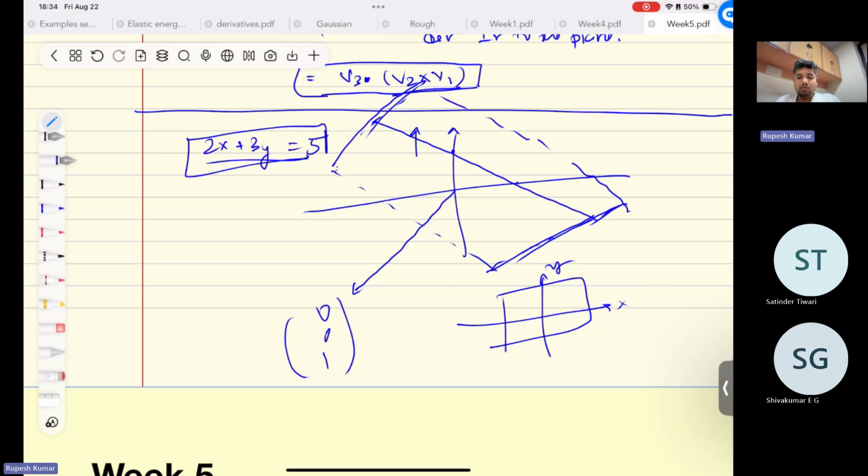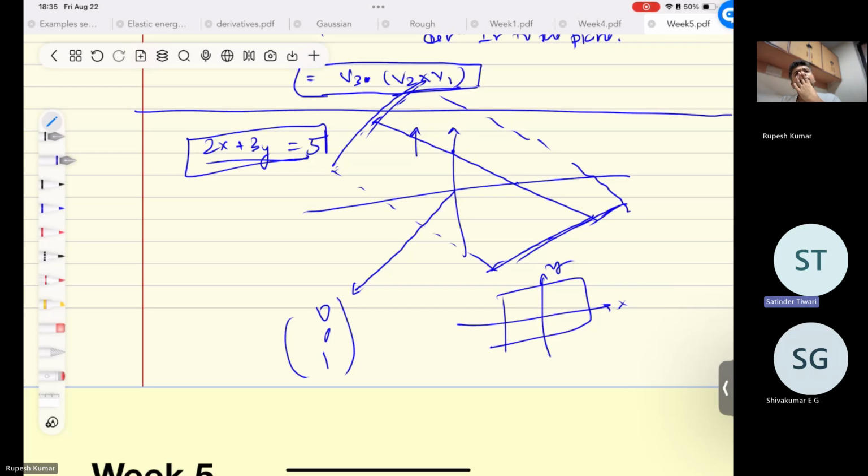So what is this direction ratio that you are saying? Unit normal, if you multiply with the magnitude of that, that is the direction ratio. Direction ratio means the perpendicular vector, in which direction it is pointing.